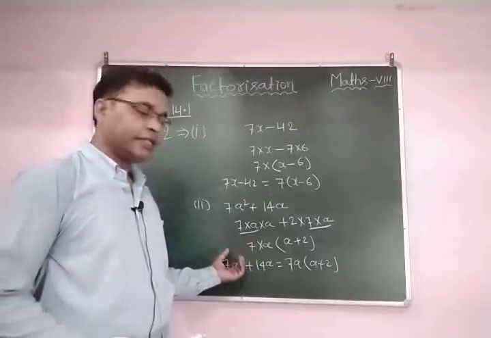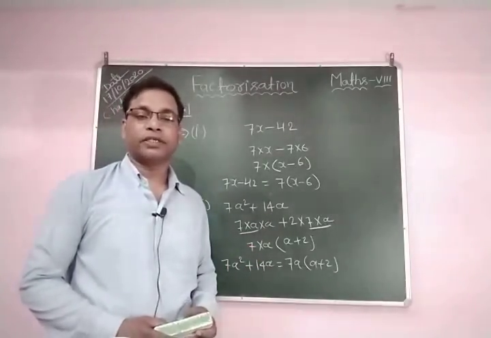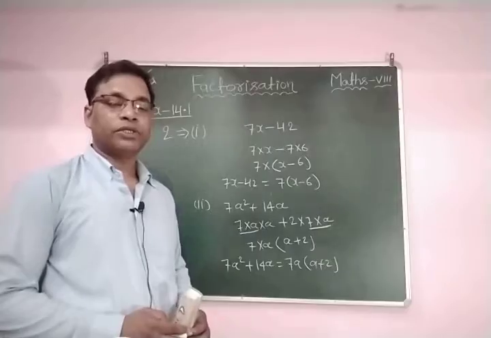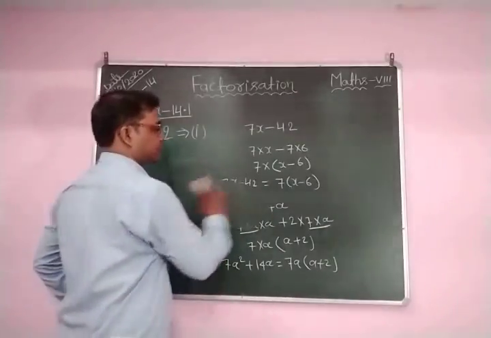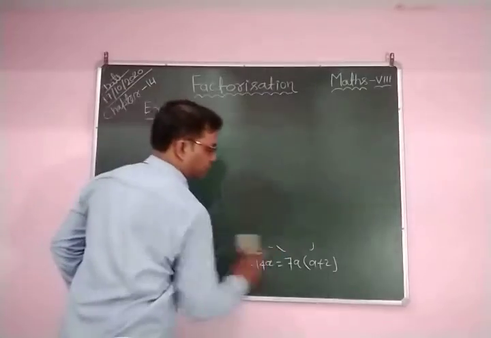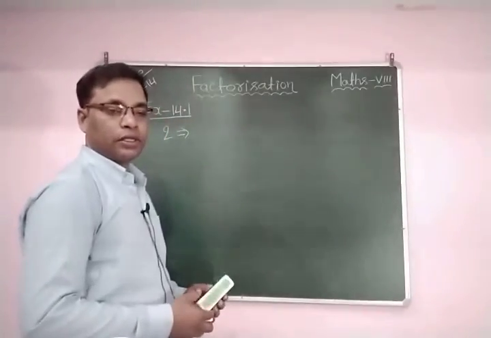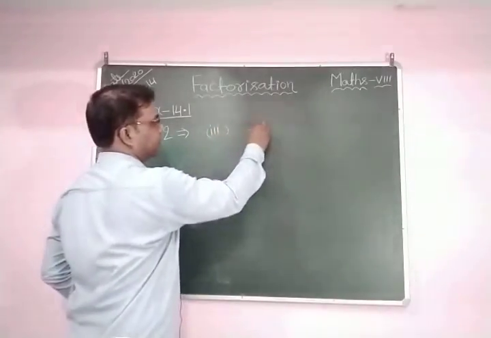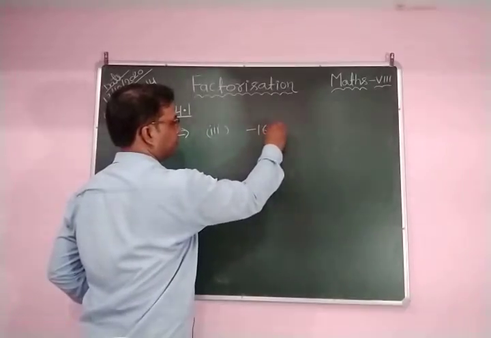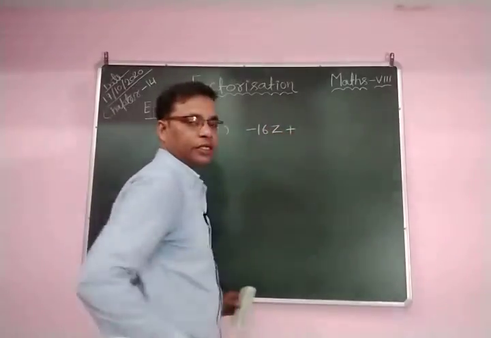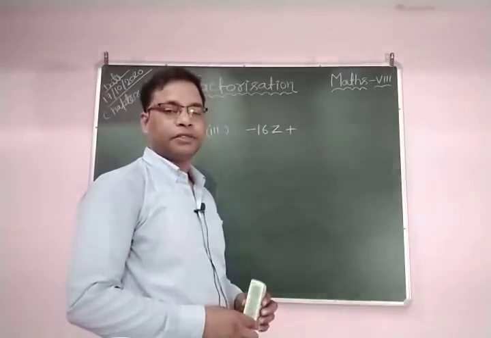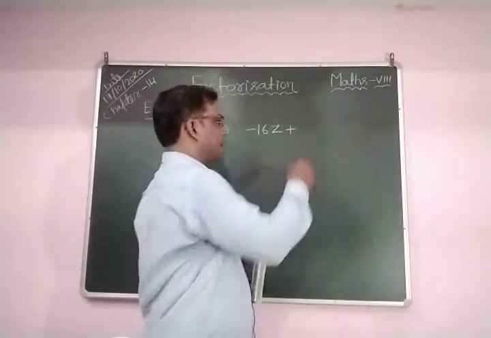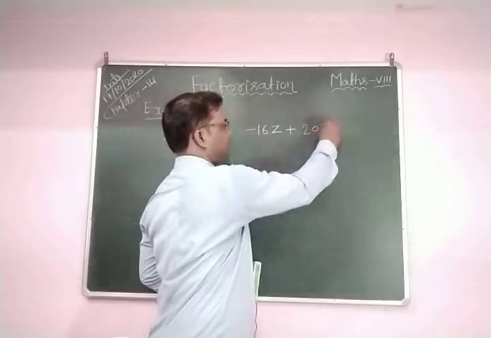Now we take another example, another question, to find factorizations. This is the third part: minus 16z plus 20z power 3.